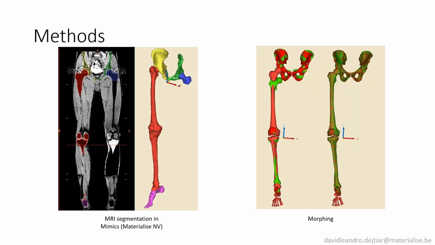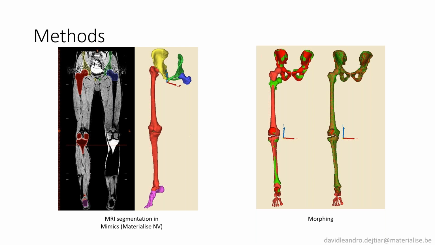Next was to include the subject-specific bones into our model. For that, we took the source bones used in AnyBody. They correspond to the lower extremity model, which include muscular attachment points, and we morphed them to our segmented bones. For that, we first aligned the source bones, the green ones on the picture on the right, to the segmented ones, the red ones on the picture.